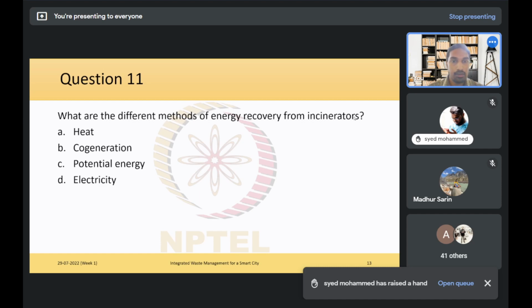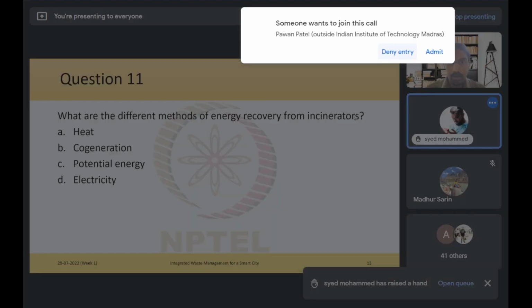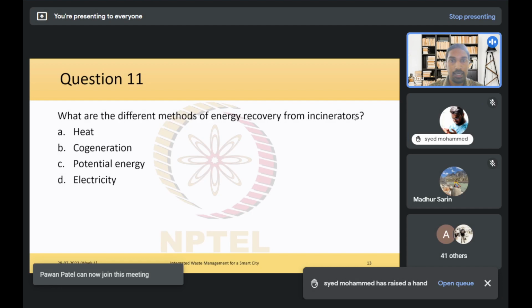Syed, do you have a question? Is incineration just combustion, or is there any process along with it, sir? It is mainly to combust these wastes. In incineration we just combust the wastes, so it's about combustion only.